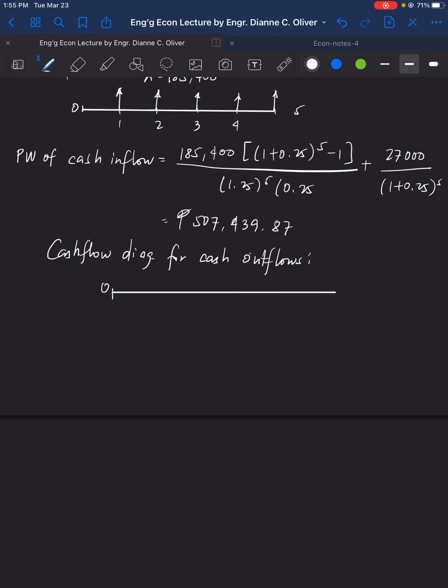And then we'll divide it for 5 years: 1, 2, 3, 4, 5.